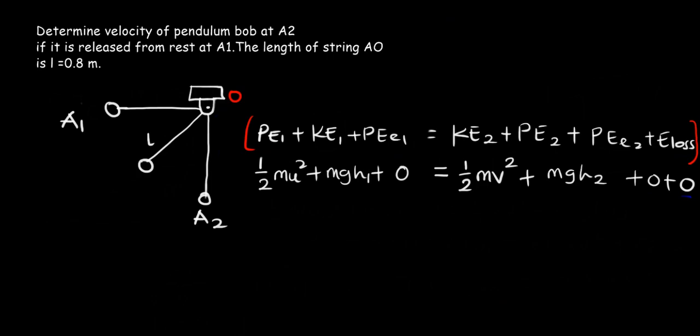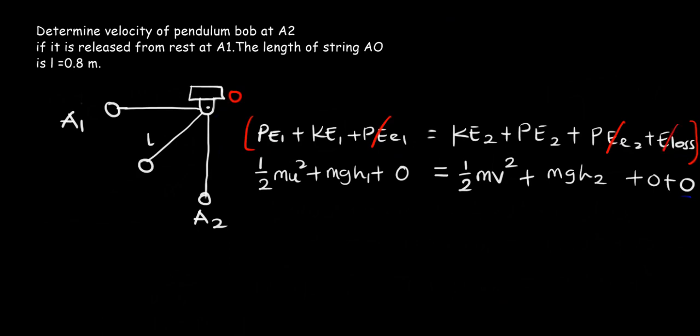By looking at this system here, we don't have any elastic element in it. So the potential elastic energy will be equal to zero. So this value on the left hand side will be zero, and the same on the right hand side. This system is considered to be a conservative system, which means that there is no energy lost due to friction. So in that case, the energy loss will be equal to zero.